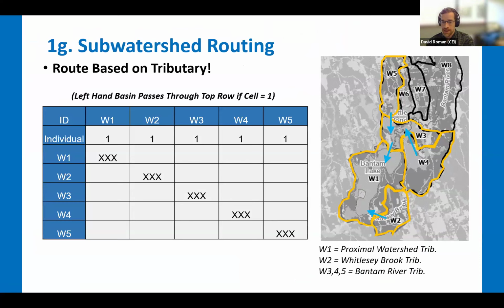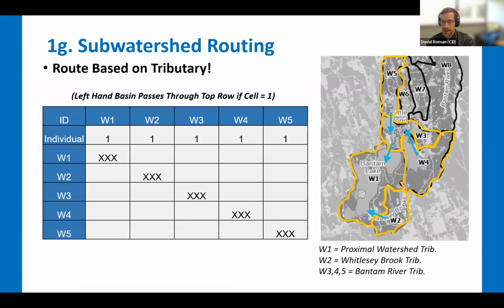But the way that it works in this example, we have our lake here, Bantam Lake. So we've got one of these subwatersheds, W2, goes right into Bantam Lake. And then in this case, there's some routing here where W5 goes into W3, for example.